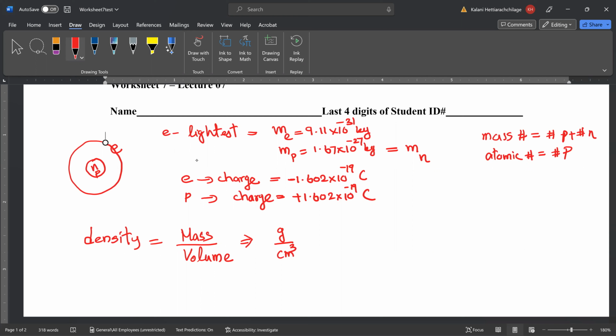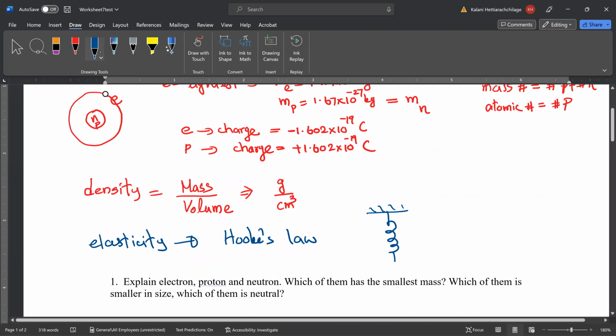Right, so in addition to that, we moved into elasticity a little bit. That's where we talked about Hooke's law, right? So elasticity, especially Hooke's law: when I have a spring, this spring will stay somewhere here when I hang the mass M, right?